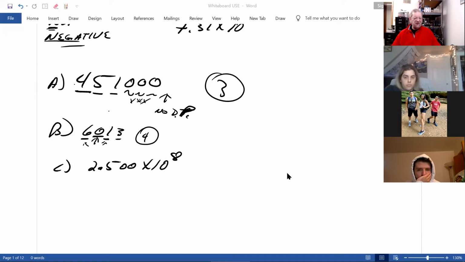And I think everybody's done. So let's take a look at this. All non-zero numbers are significant. There's a decimal point. Zeros at the end after a decimal point are significant. So this would be 1, 2, 3, 4. And the answer is 4 significant figures.